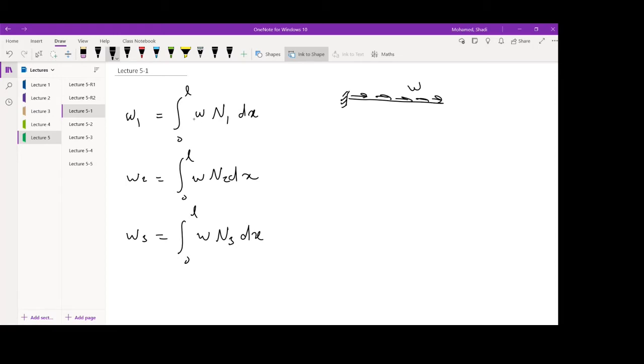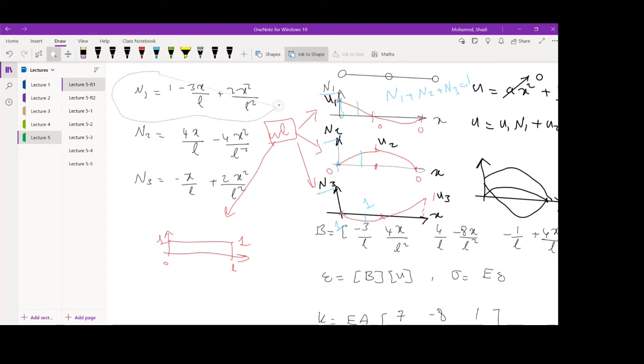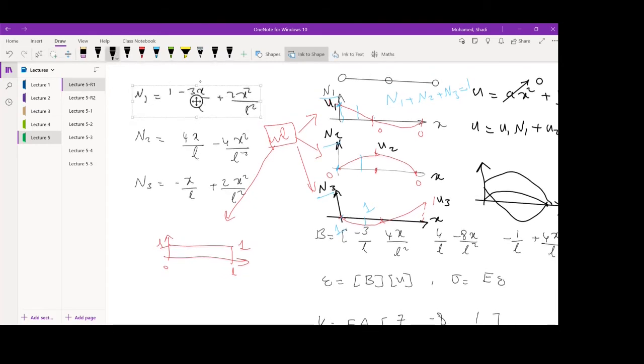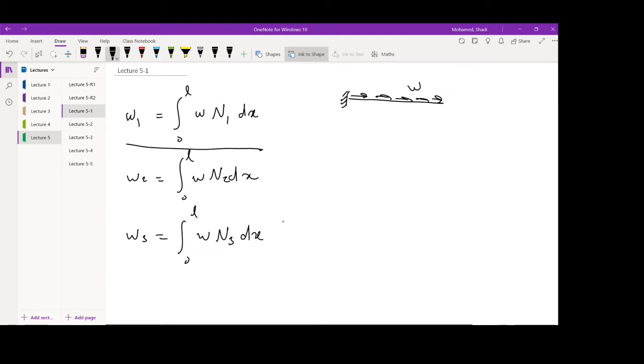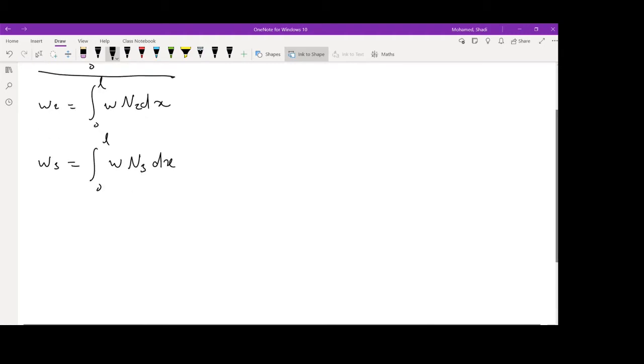All right, so I'm going to do this just for one case, for the first shape function. So I'll just take the shape function from here and hide this part.